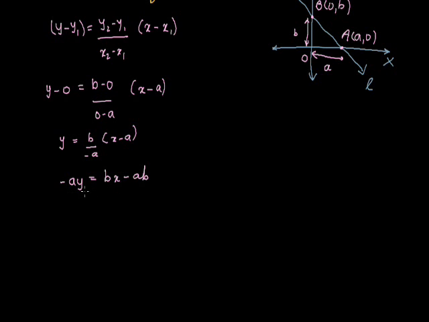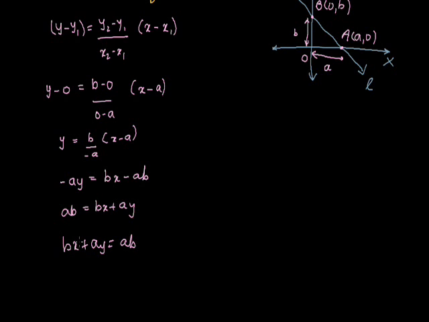Now I'll bring minus ay to the right hand side and ab to the left hand side. I'll get ab is equal to bx plus ay. I can write this equation like bx plus ay is equal to ab.